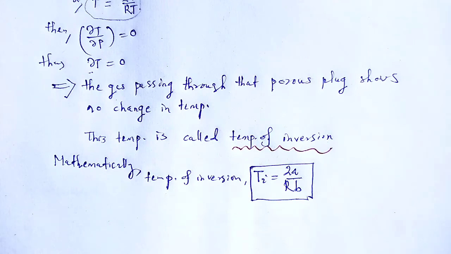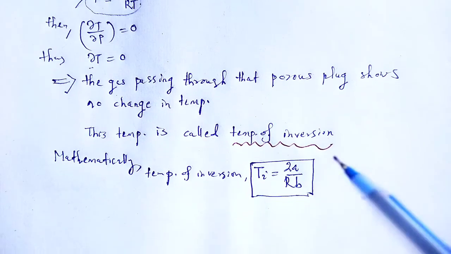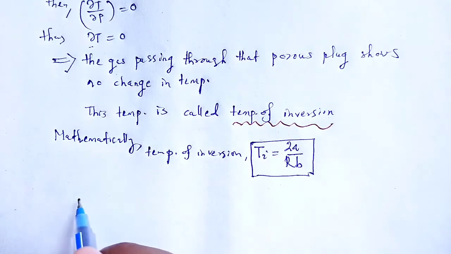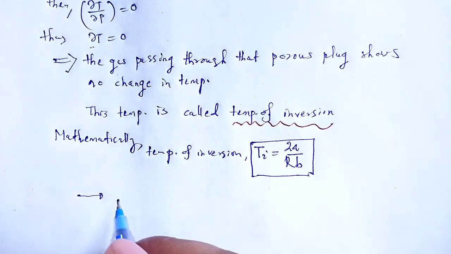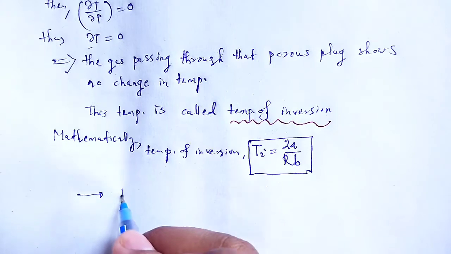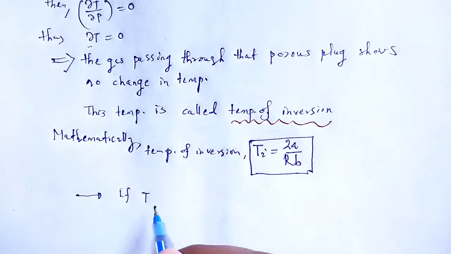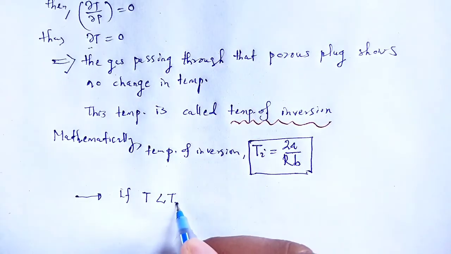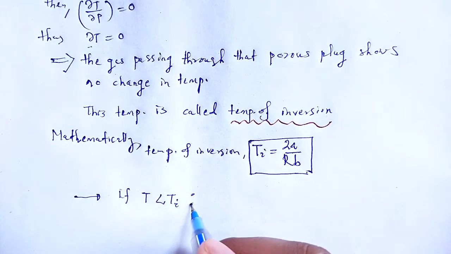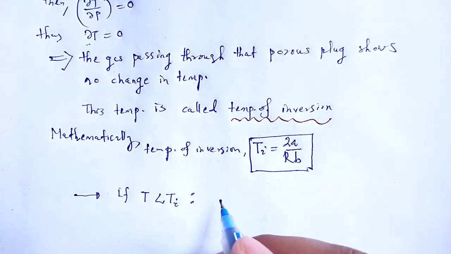The temperature is known as the temperature of inversion, and according to it, the Joule-Thompson expansion can be treated as follows; these are the points we have to remember. If T is less than Ti, then that indicates cooling effect.